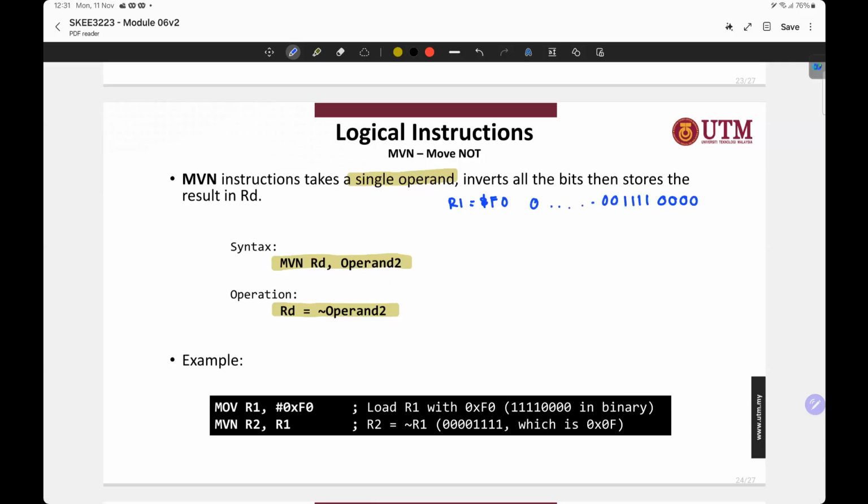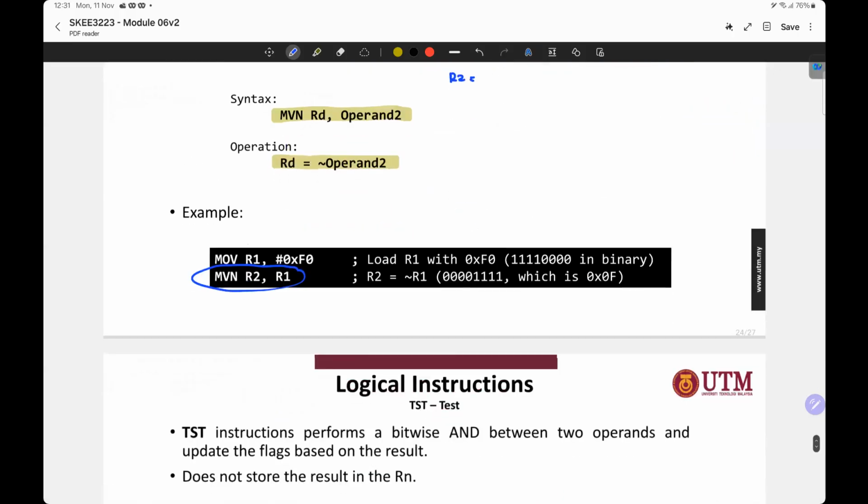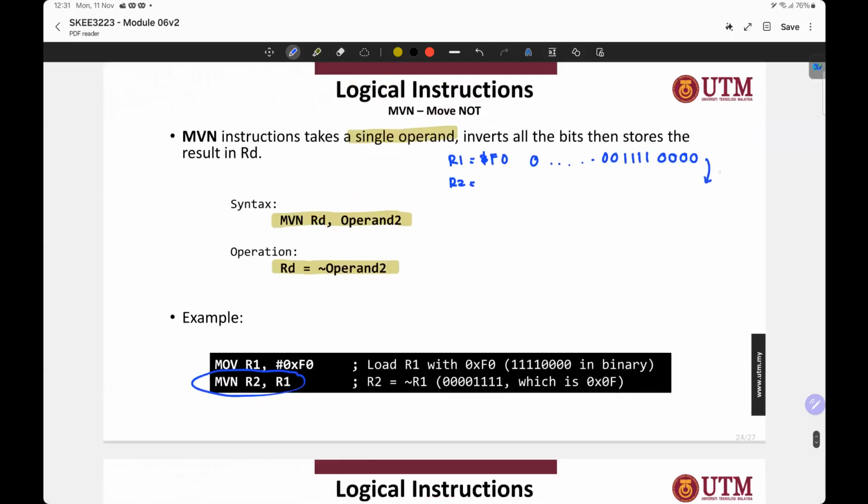Then MVN R2, R1. So what will be your R2? R2 equals, you just invert. Using first complement, just invert it. So 0 will become 1, 1, 1, 1. 1 will become 0, 0, 0, 0. And this one will become 1, 1 toward this end.